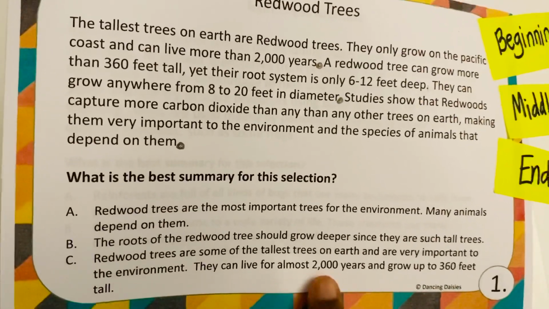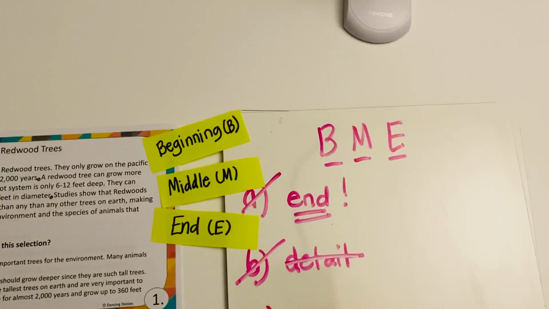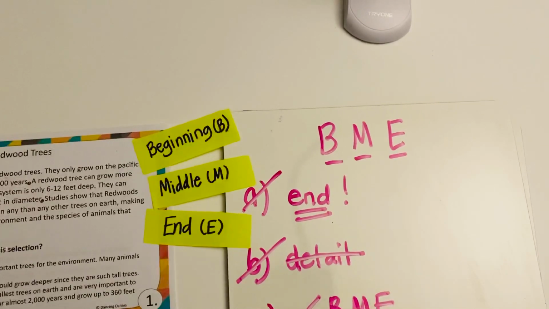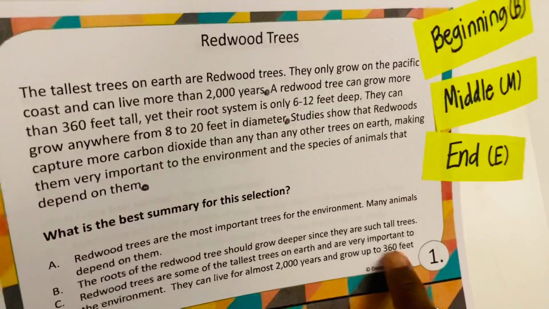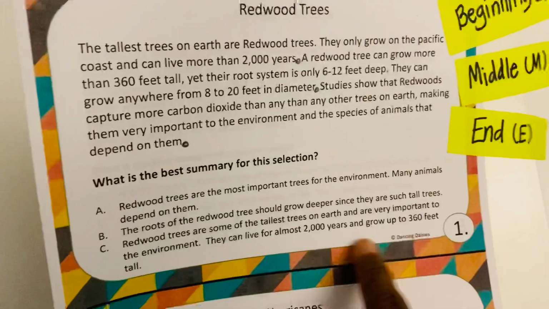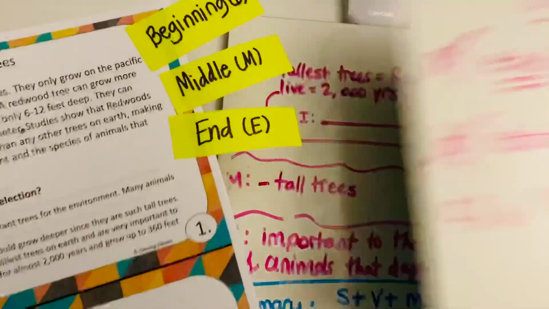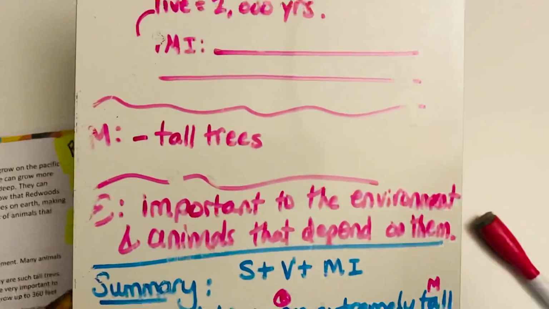They can live for almost 2,000 years and grow up to 360 feet tall. Now, I think choice C captures all of the main idea from the beginning, middle, and end. I think if I had to improve this main idea, I probably would not care about how tall they get. I think these two sentences capture it, and they're almost exactly like the one that I wrote.